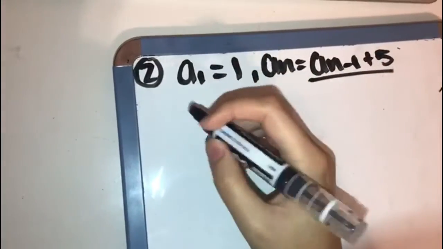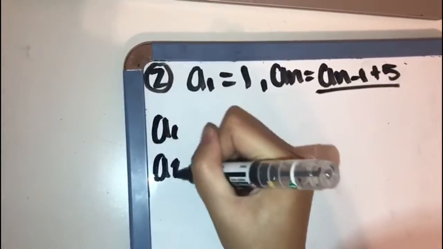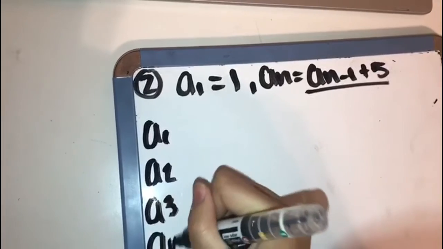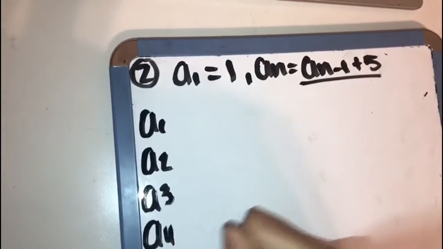So let's start with the 6 terms first. A1, A2, A3, A4, A5, and A6.